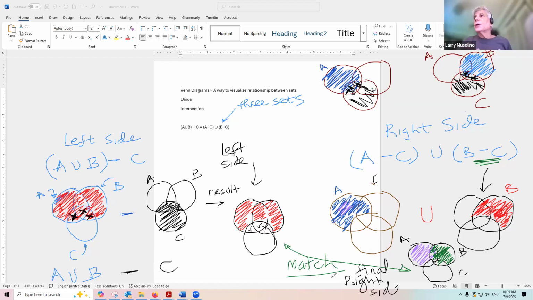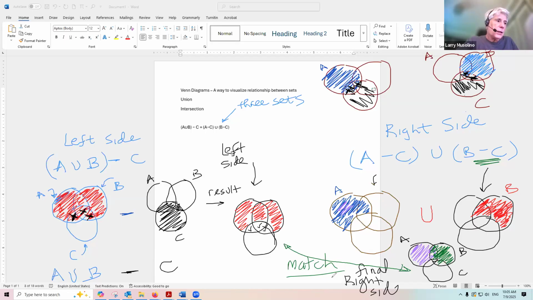And so this is what you're going to do in your problem set. You're going to work out the left side, and you're going to work out the right side, and then show the final result. Now, if you want to draw these Venn diagrams in whatever tool you like, you can draw them in Word, you can draw them in Excel, or whatever drawing tool you want.